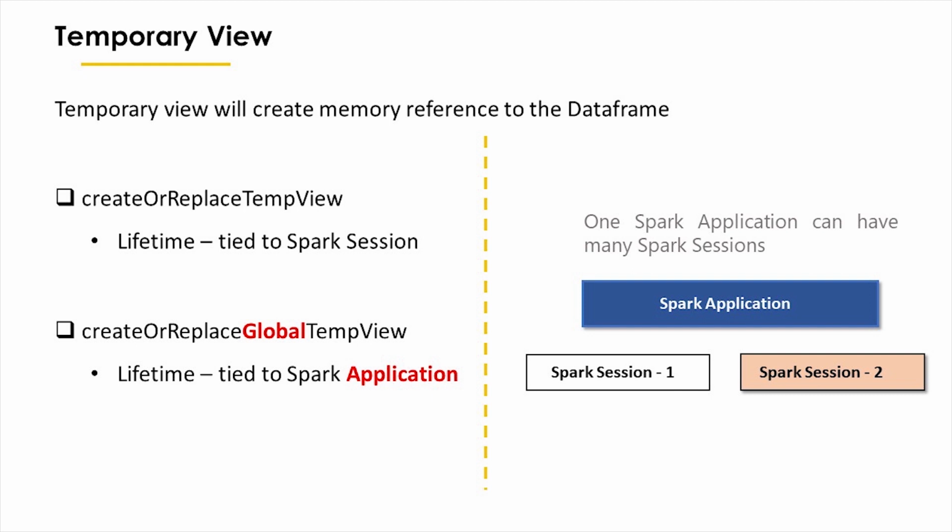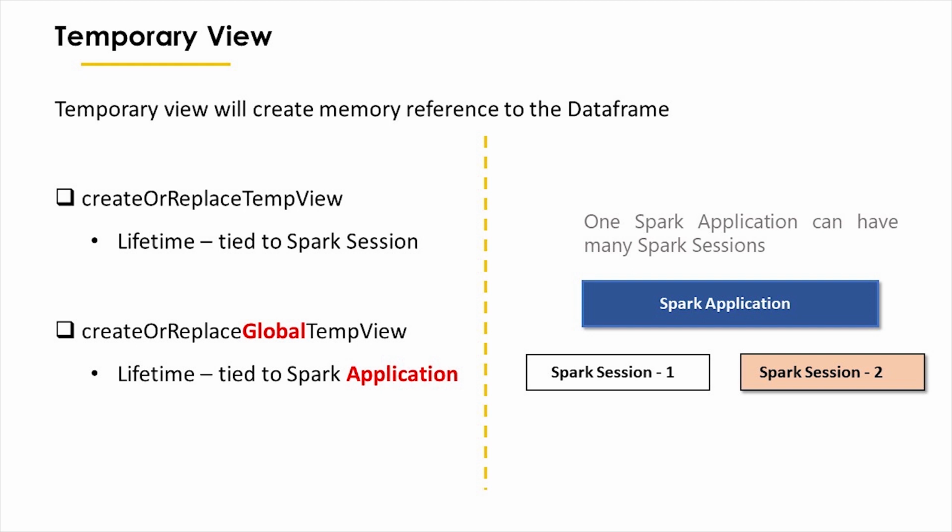The lifetime of these temporary views created by the create or replace temp view method is tied to the Spark session. But the lifetime of the global temp view created by the create or replace global temp view method is tied to a Spark application. Okay, so we will discuss the difference between Spark session and Spark application.